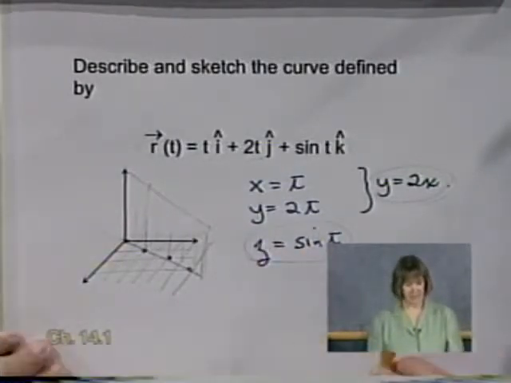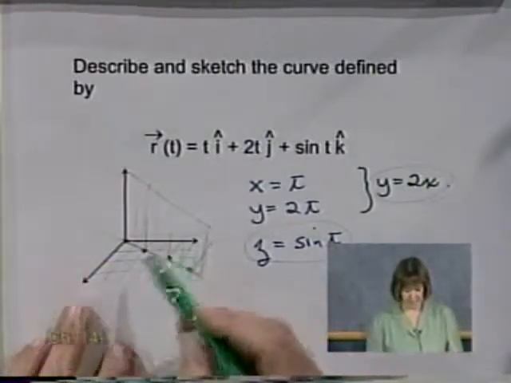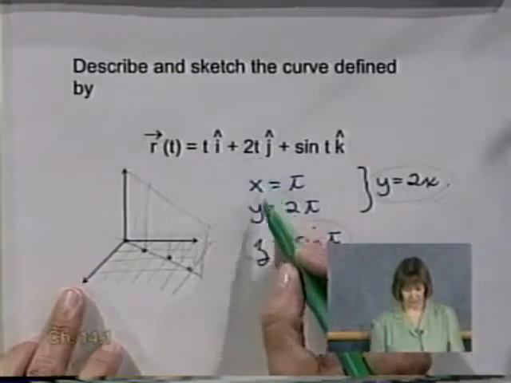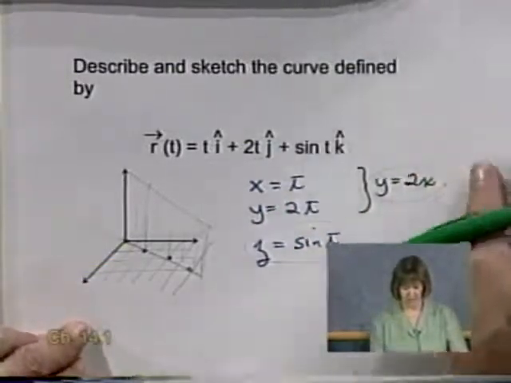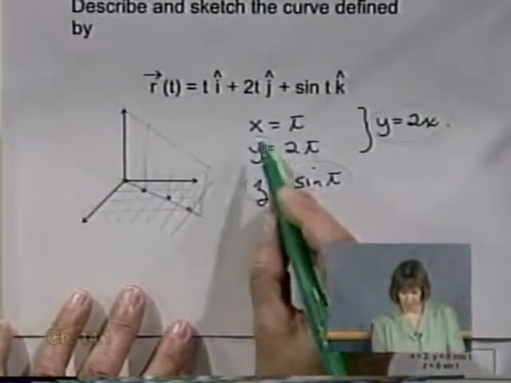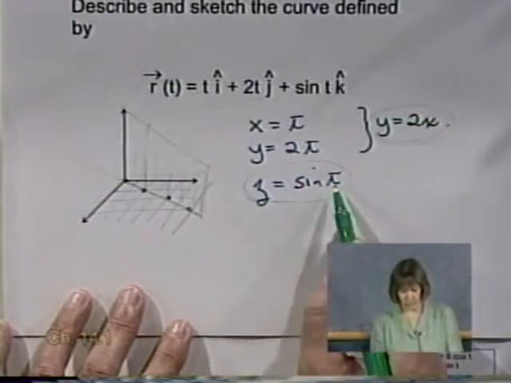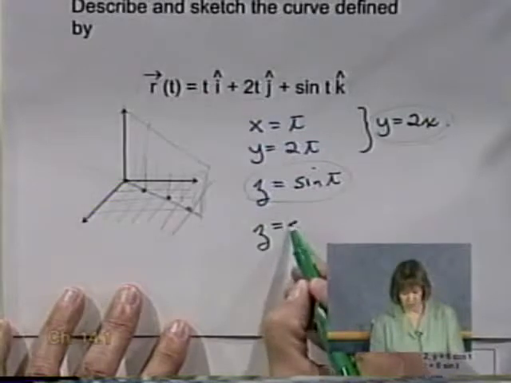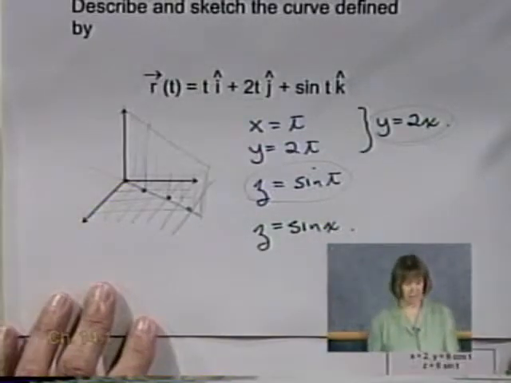Now what does z equal? Z equals sine t. Now if I looked at what the x and z coordinates satisfied, notice that since x equals t and z equals sine t, in the xz plane, these coordinates would satisfy the equation z equals sine x.